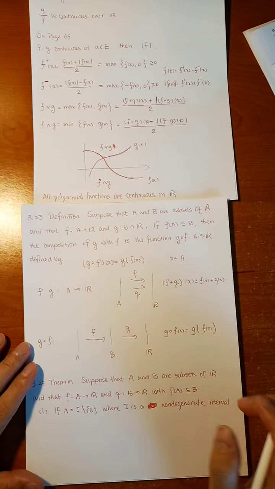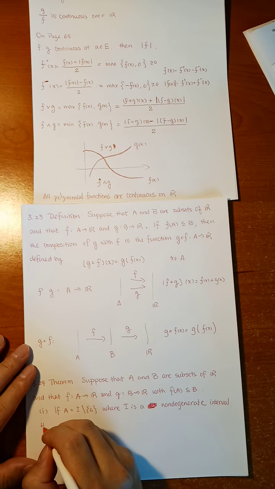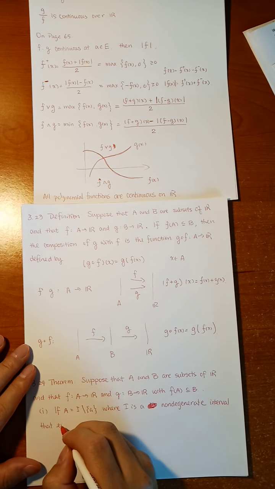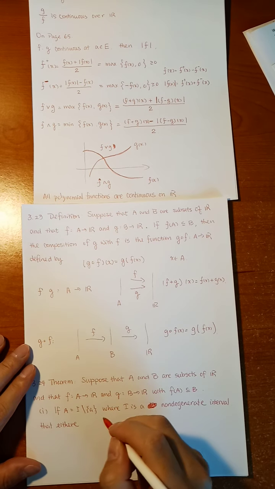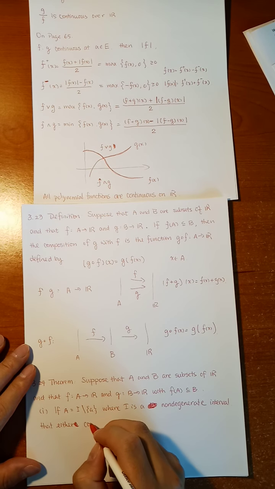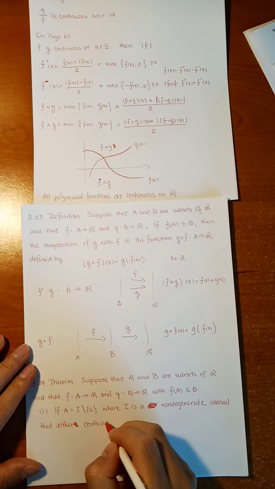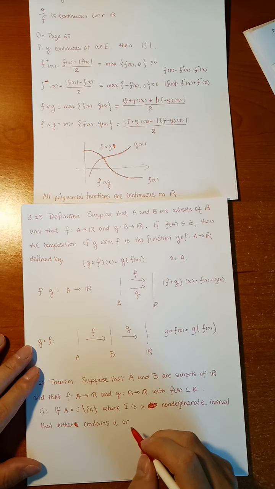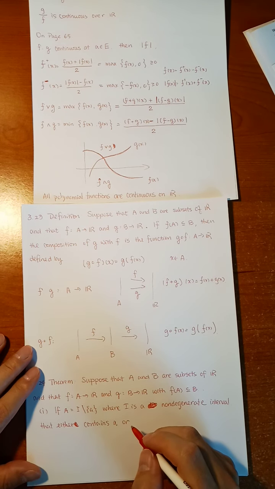Degenerate interval will mean a point. Non-degenerate interval, not point. That either contains a or has a as one of its endpoints.